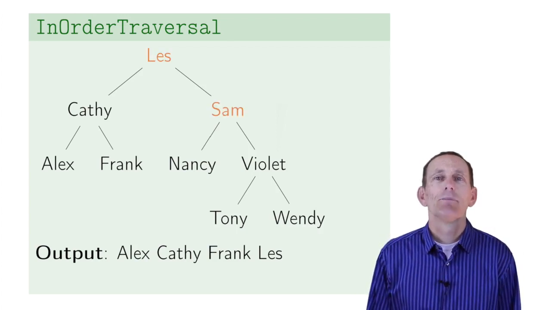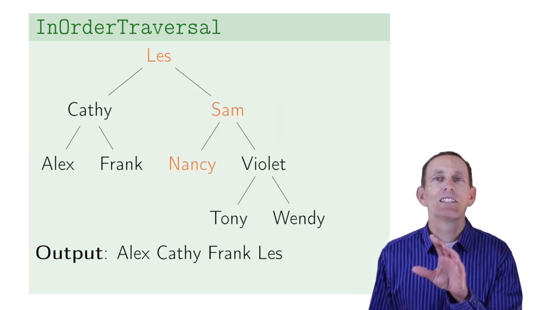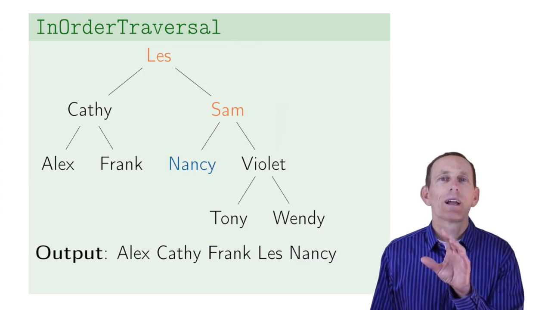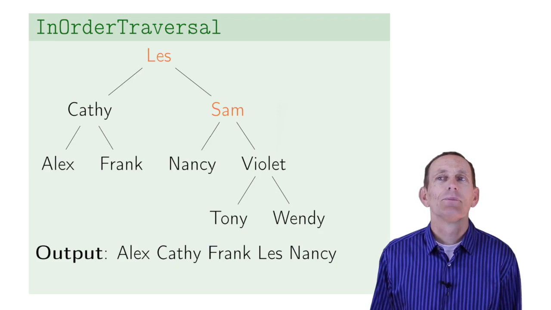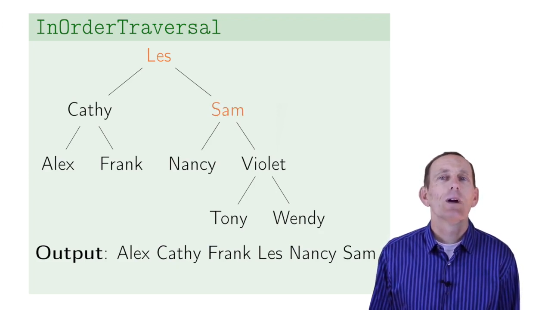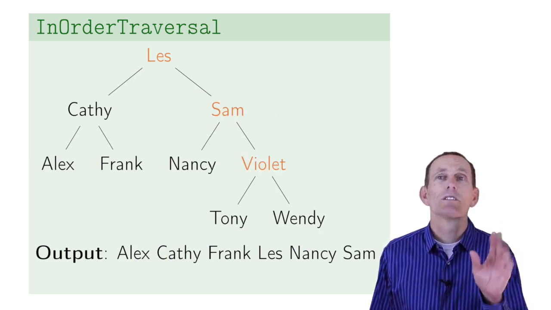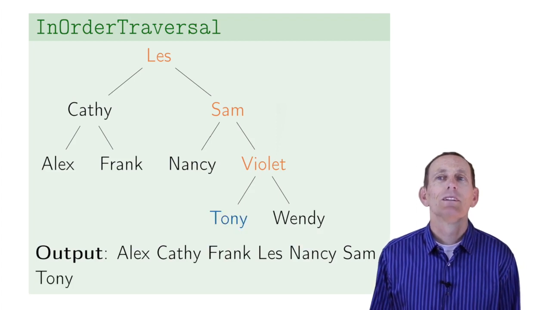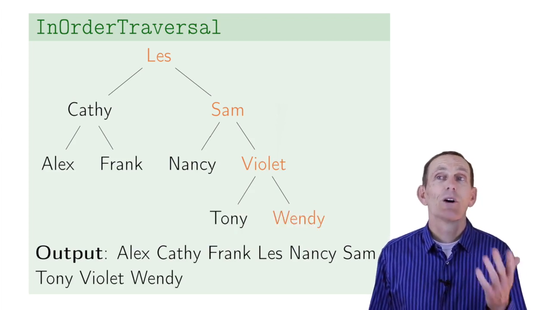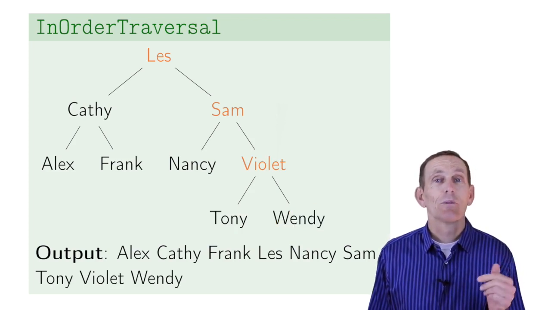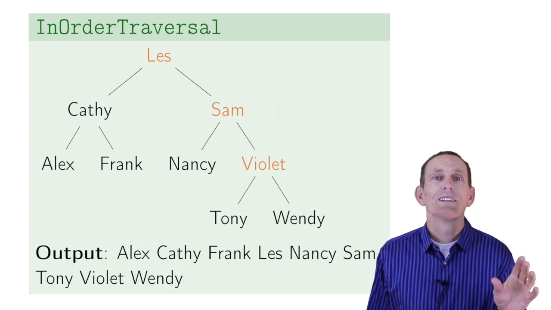So that is Sam. Traverse its left subtree, which is Nancy, print it out. Go back to Sam. We've completed Sam's left subtree, so we print Sam. And then go ahead and do Sam's right subtree, which is Violet, which will end up printing Tony, Violet, and then Wendy. We're completed with Wendy. We go back to Violet. We've completed her right subtree.